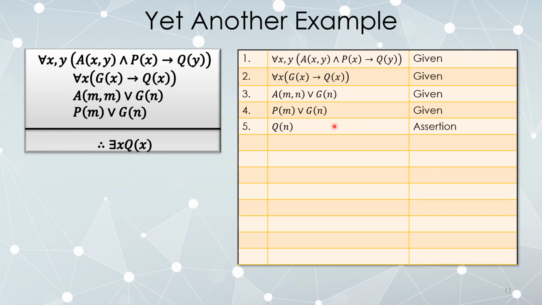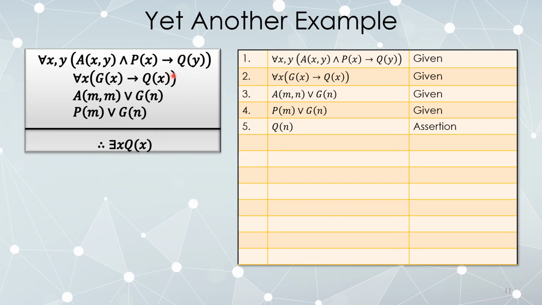What will be easier to do is to assert that N is a particular element for which Q is true. Now, how did we know to use N? Let's look at all of our givens. We want Q to be true for something.